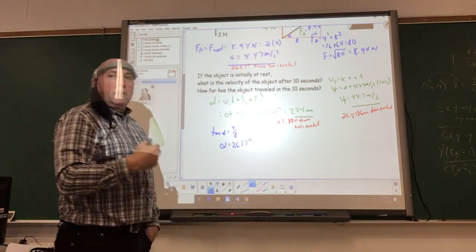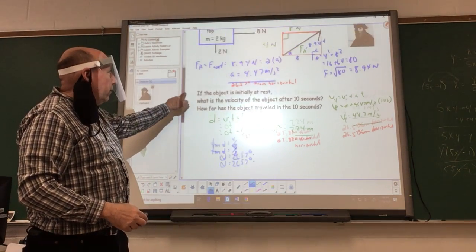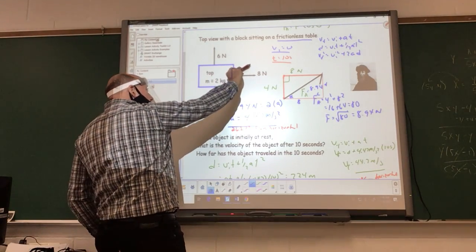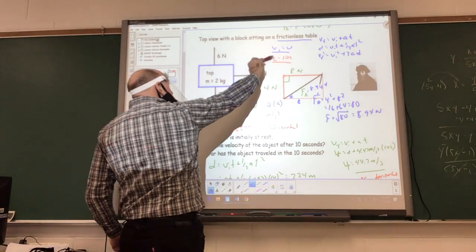It tells us the direction that we're going to be going in. With all these forces acting on this, we're going in this direction from the horizontal.